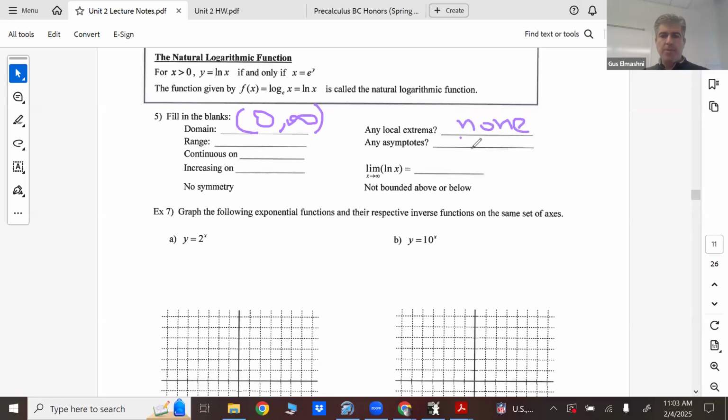There's a vertical asymptote x equals 0. This is for natural log. It's all logs, really. They're not transformed. Continuous on its domain, which is from 0 to infinity. Increasing everywhere on its domain. No symmetry.